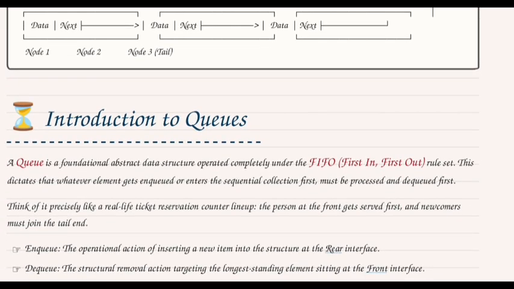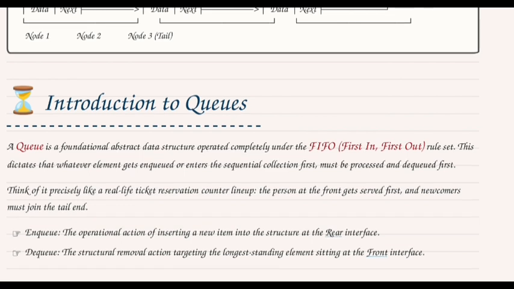Next, we come to the introduction to queues. What are queues? A queue is a foundational abstract data structure operated completely under the FIFO principle. This dictates that whatever element gets enqueued, or enters the sequential collection first, must be processed and dequeued first.